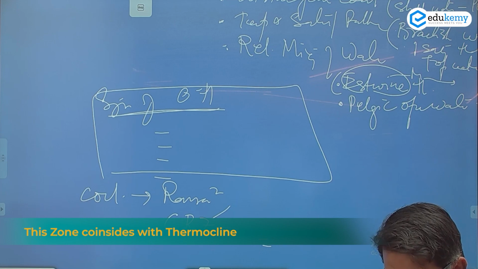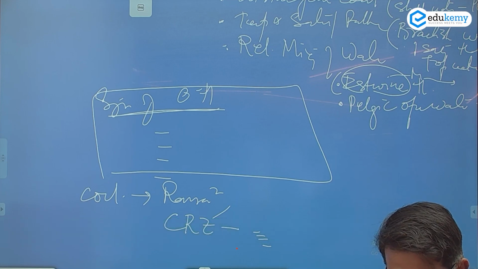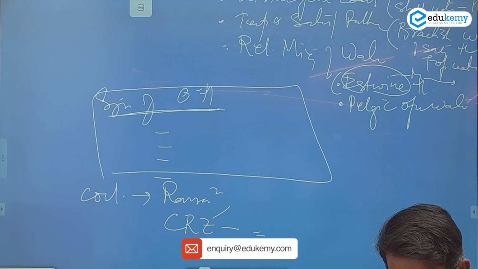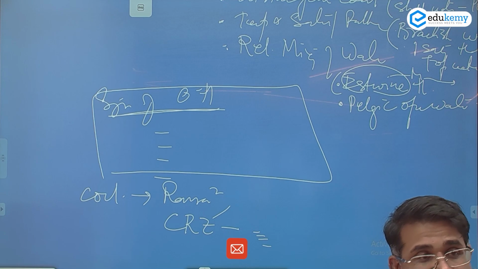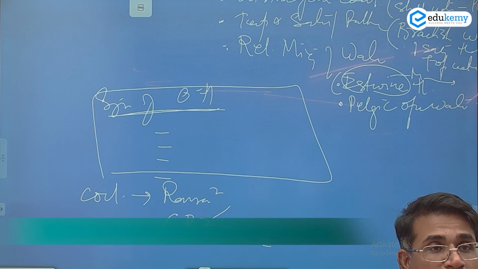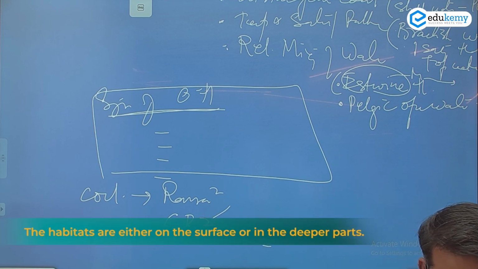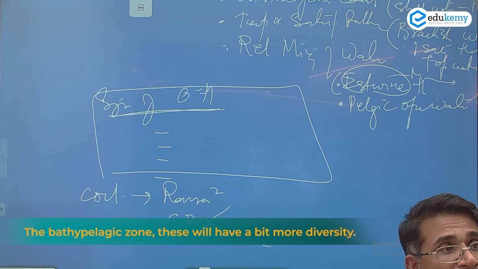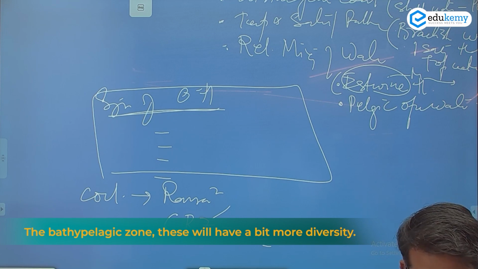So the habitats are either at the surface or in the deeper parts. The bathypelagic zone will have a bit more diversity. And then this one is an important section, benthic habitats and environment.